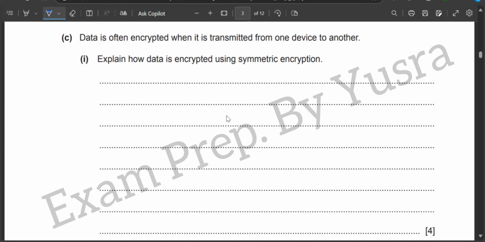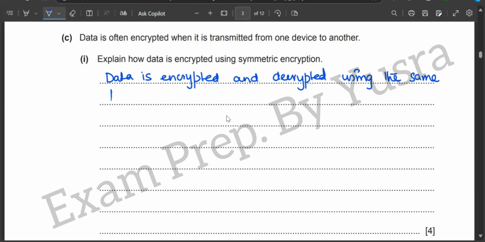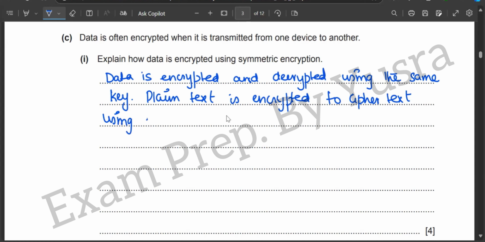In symmetric encryption, we know that data is encrypted and decrypted using the same key. When we encrypt the data, plain text is encrypted to ciphertext using an encryption algorithm, using a key.